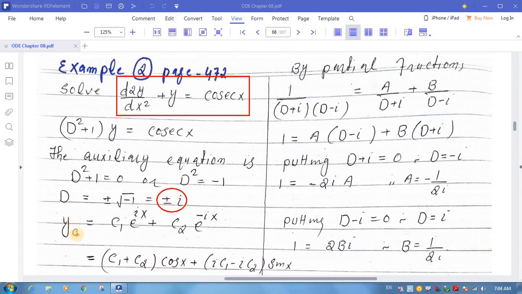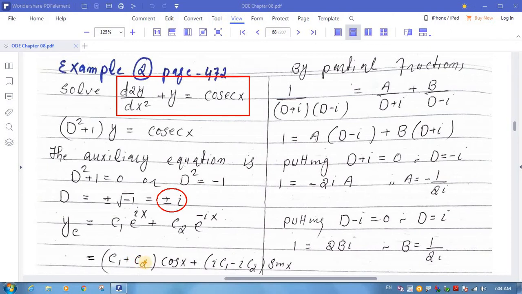Now the complementary function is equal to c1 e power m1x plus c2 e power minus m2x, with these values of m1 and m2. Now this is an Euler function, equal to cos x plus iota sin x. It is also an Euler function, equal to cos x minus iota sin x. Taking common, cos x is here and also here, so the coefficient is c1 plus c2.